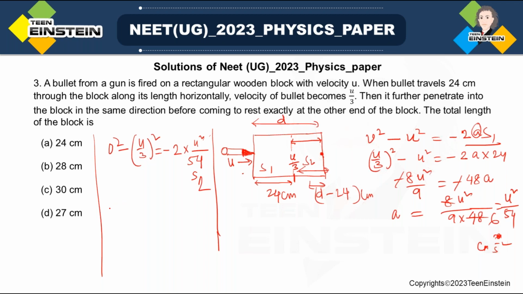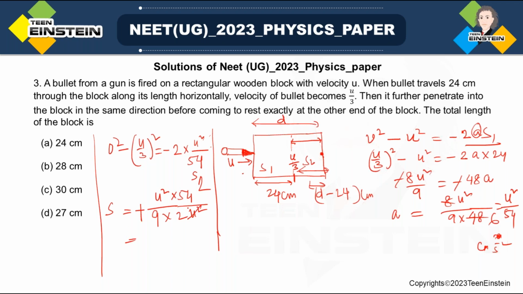So what is S2? S2 will be u square by 9 with a minus sign, and 54 will go here, and u square also will be here, so this will be plus.